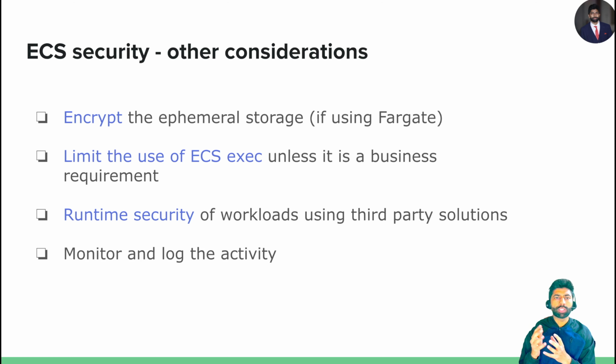Do not misuse ECS exec in your company or in your project or in your team. ECS exec allows you the capability to go into your running task or container and perform some shell commands or other type of operations. So just use that only if it is required by your business.